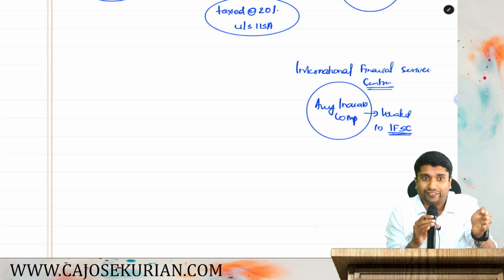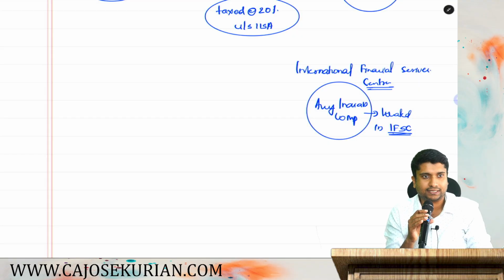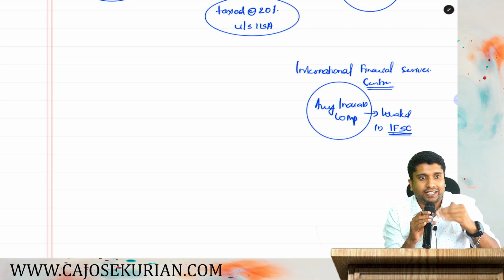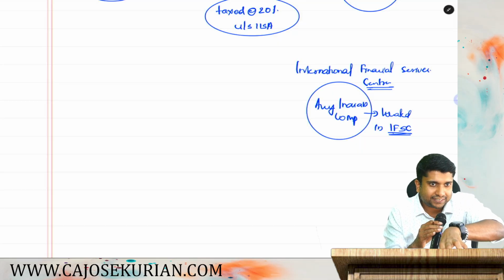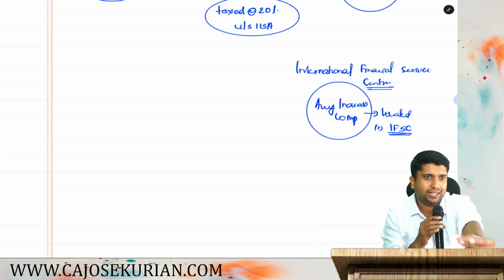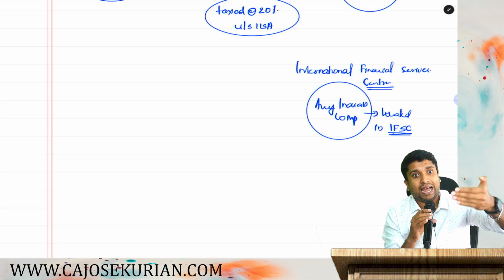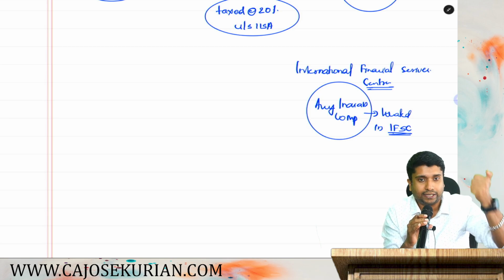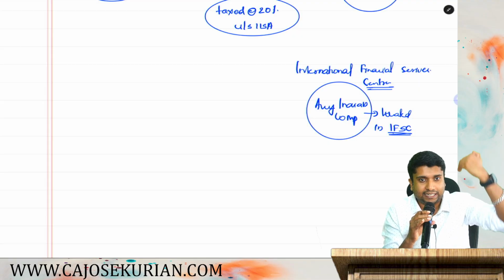A lot of legal formalities have been relaxed, so that it is easy for a foreign investor to incorporate in IFSC, invest in Indian companies and other businesses in India, take out returns, and claim tax benefits as well, under Section 80LA. We call it the 80LA deduction.